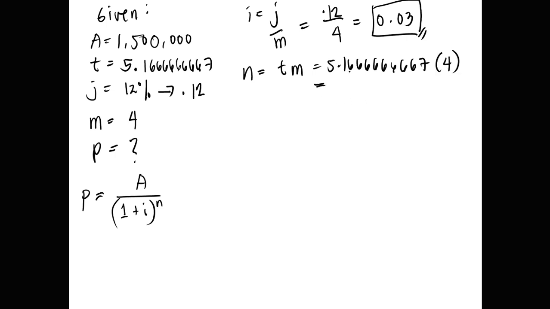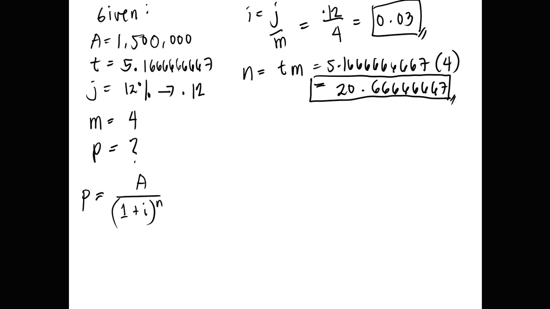So, when you multiply it, answer will be 20.666667. Okay, and this will be our N, or the number of conversion of the loan.